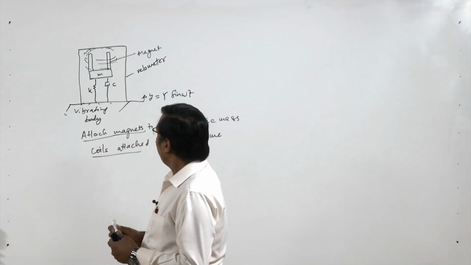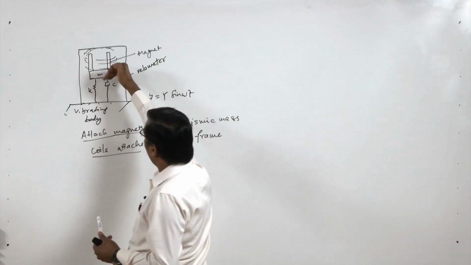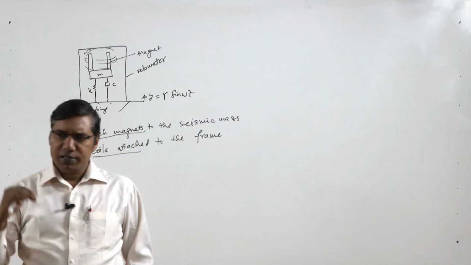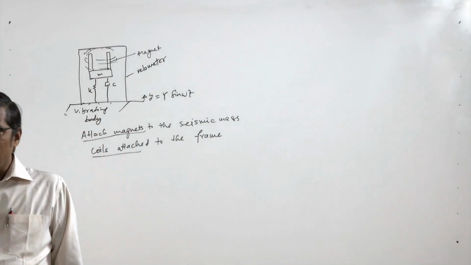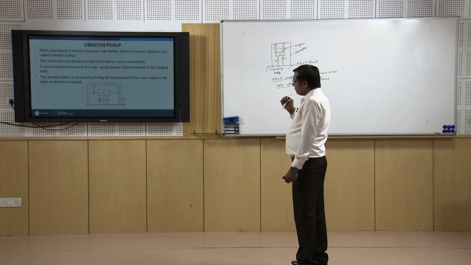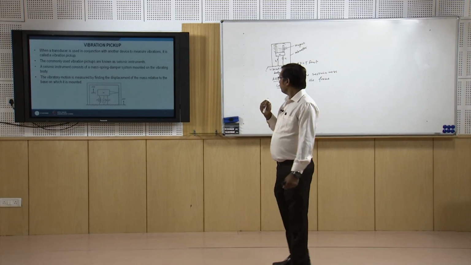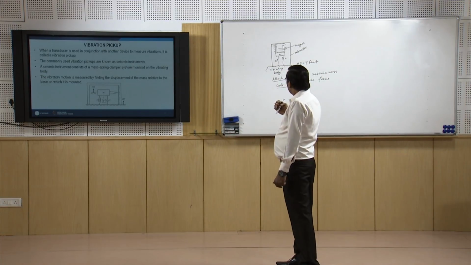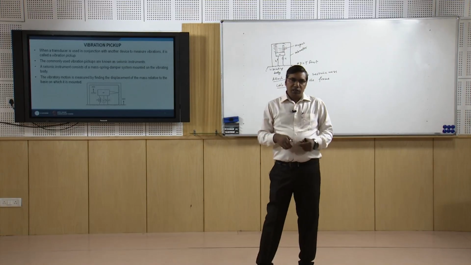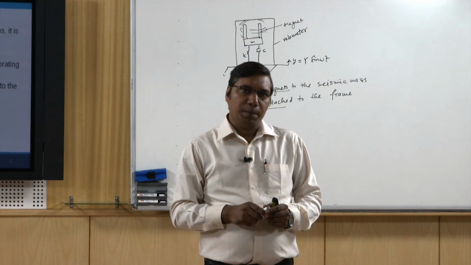Now when there is movement of the seismic mass and the magnet, there will be a change in the magnetic field in the coil, and so there will be a proportional voltage change that will be sensed by the transducer.